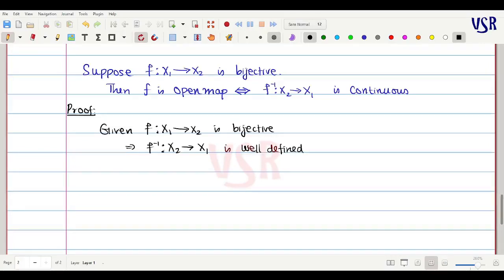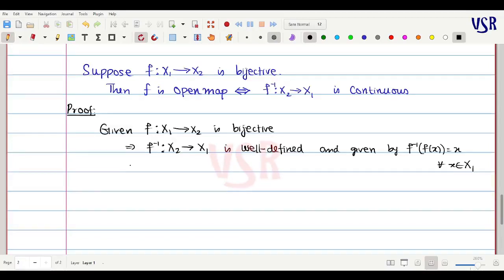Only if a function is bijective will the inverse function always exist. Okay, and given by f inverse of f of x is equal to x for every x belongs to capital X1. So this is the way we have defined the function.